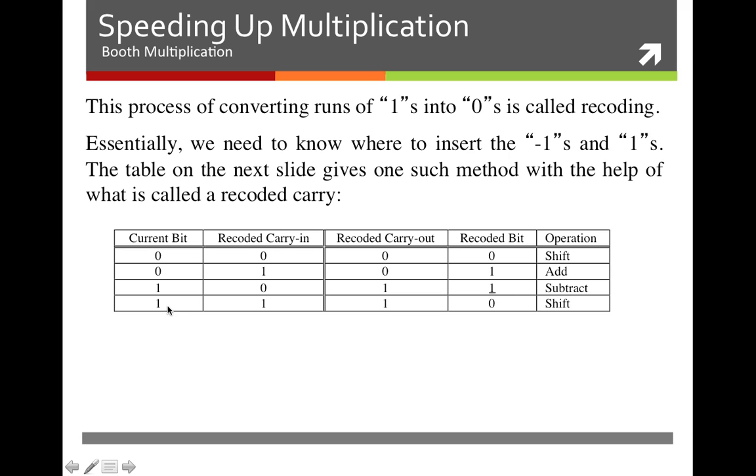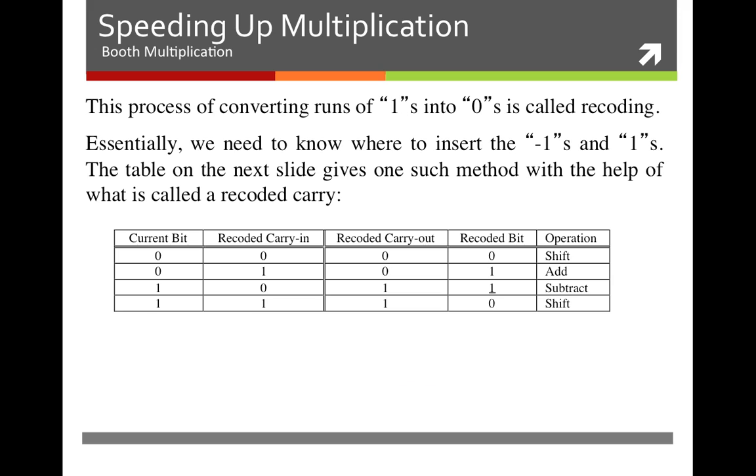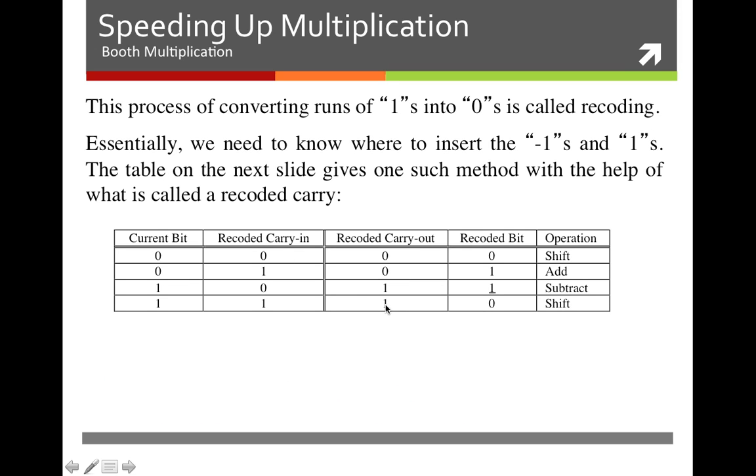The final case is when the current bit is 1 and the recoded carry is also 1. This is like here. There is an incoming recoded carry of 1, and you also have a current bit of 1, which simply means that you really have to continue the process, and therefore you have to place, as we did over here, a 0 in the recoded bit position, as you can see here in every one of these cases. And of course you must generate a recoded carry-out of 1, which we do here.